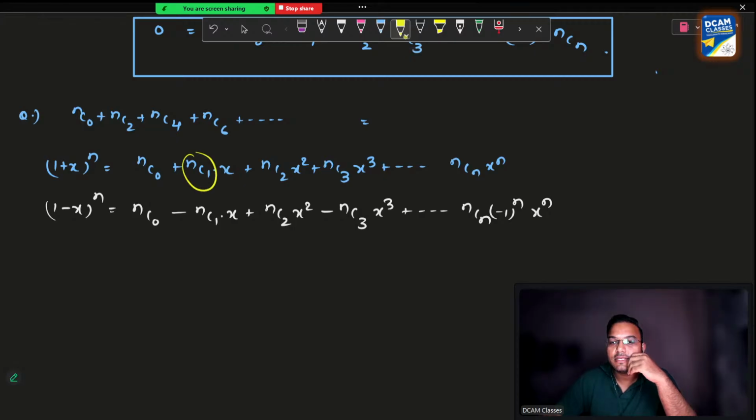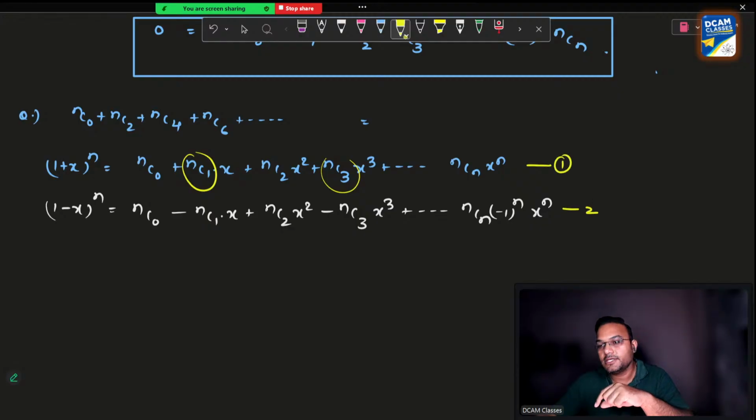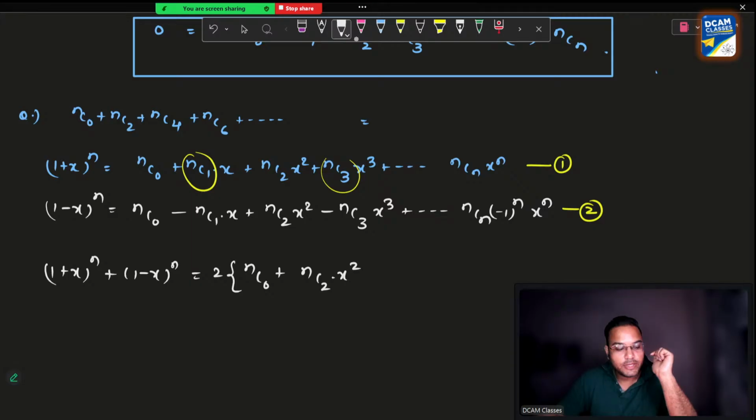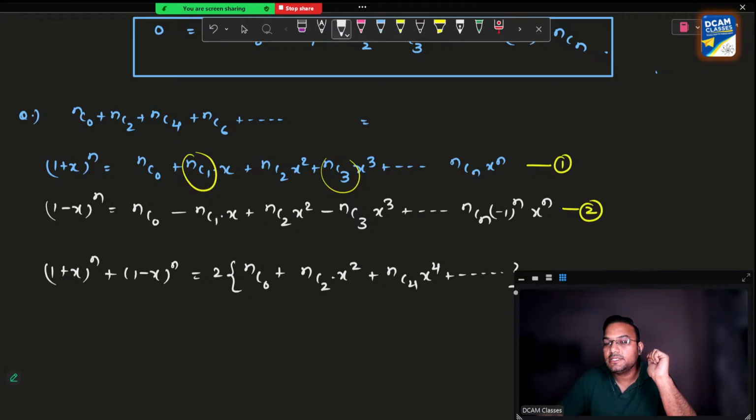If you add these two equations, you'll automatically remove them. 1 plus x whole power n plus 1 minus x whole power n will be 2 into NC0 plus NC2 into x square plus NC4 into x power 4 plus and so on, because the even terms are getting added 2 times. These even terms are there, right?